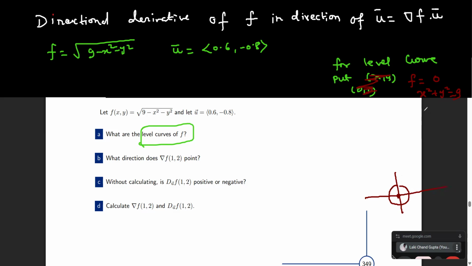Now put f equal to 1. Let's suppose you are putting 16 then what will you get? x squared plus y squared is equal to 4, right? It's going to be a bigger circle. So when you increase the value of f, you will get a circle, right?